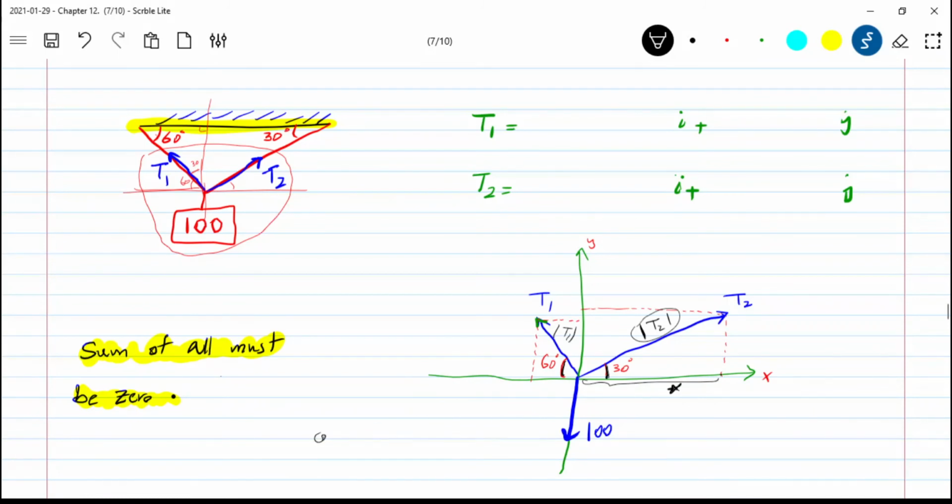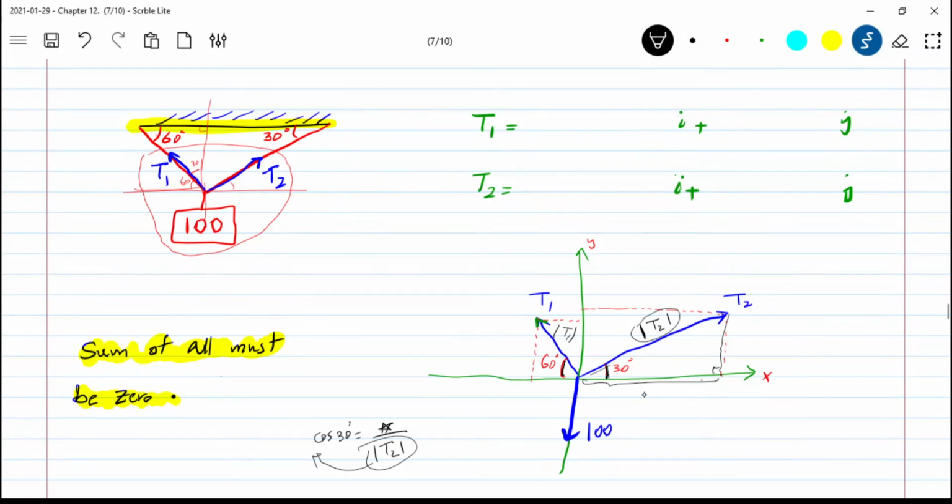What would be cosine of 30? If you look at the triangle that we have here, it would be the adjacent divided by the hypotenuse. It would be star divided by the length of T2. So the cosine of 30 would be that, which means if I'm looking for star, it would be the length of T2 multiplied by cosine of 30.